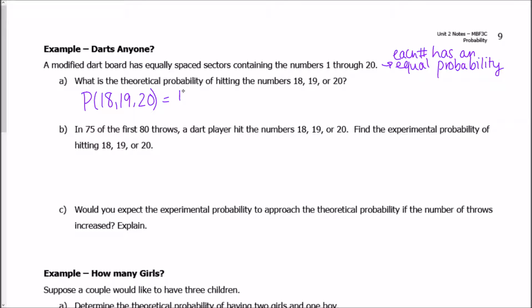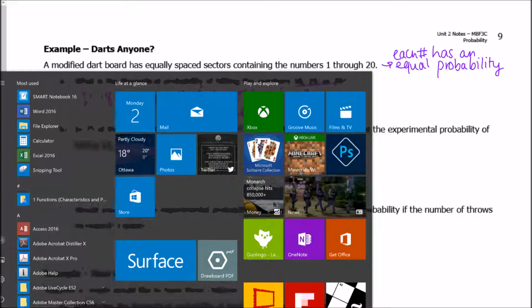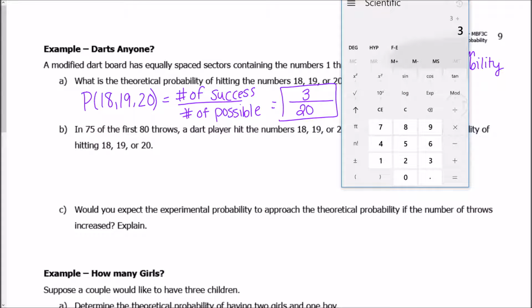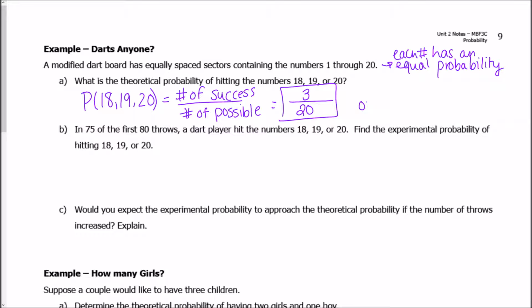Remember, we're just going to do the number of successes over the number of possibilities. If we get 18, 19, or 20, then there are 3 options for success out of 20 altogether. So the theoretical probability is 3 out of 20. If I take 3 and divide that by 20, I end up getting 15%. It's important to put it as a percent so we have an easy way of comparing our theoretical probability with our actual experimental probability.